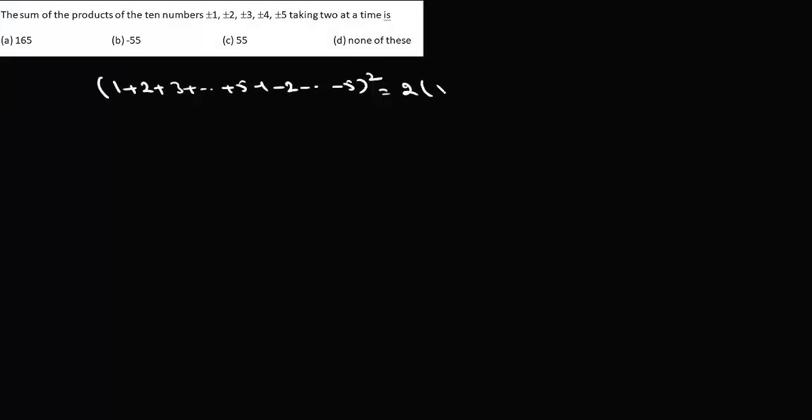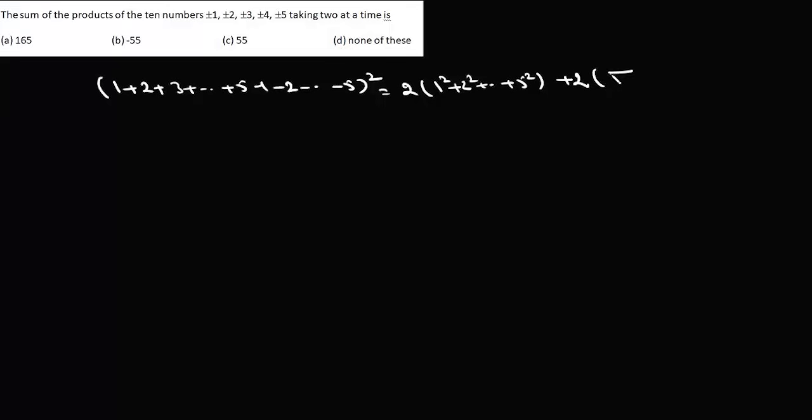So it'll be 2 times 1 square plus 2 square up to 5 square, plus 2 times the sum of products of these 10 numbers taken 2 at a time.